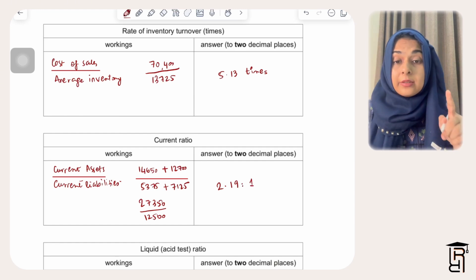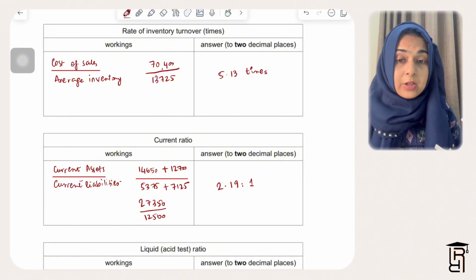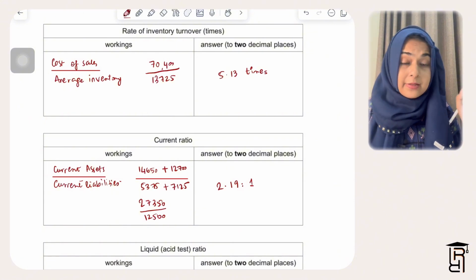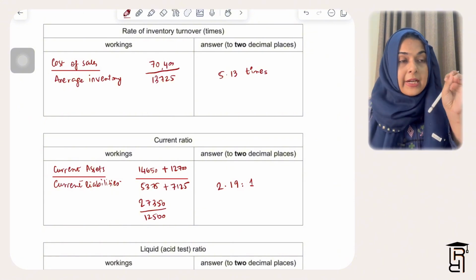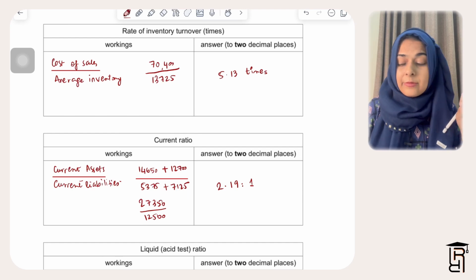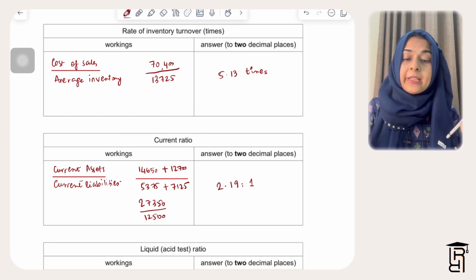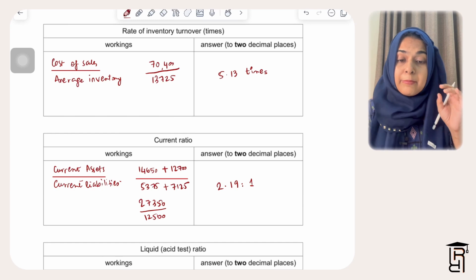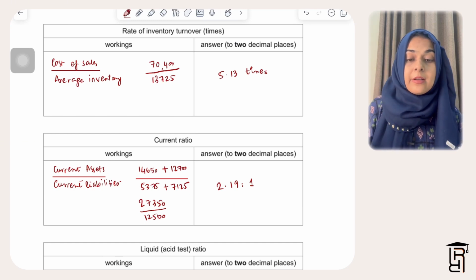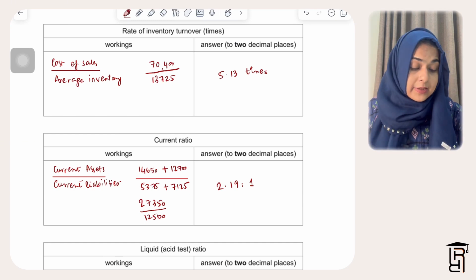You need to write this properly, 2.19:1, because this ratio basically tells you how many current assets I have in my business to pay off my $1 of current liabilities.